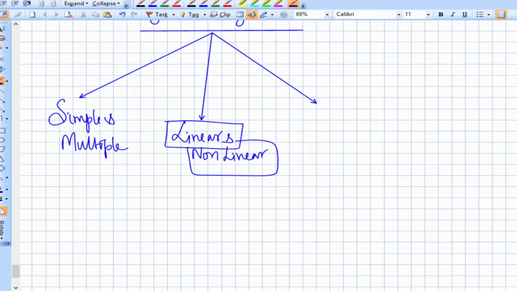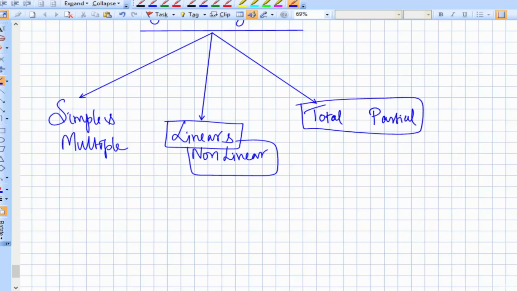Let's move on to the third type of regression, that is total and partial regression. One is total, the other one is partial. Let's understand what is total regression and what is partial. When we say total, we consider all the variables. All variables are going to be considered, and this basically takes the form of what is known as multiple regression.